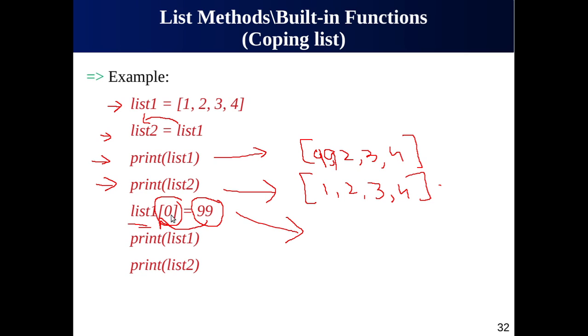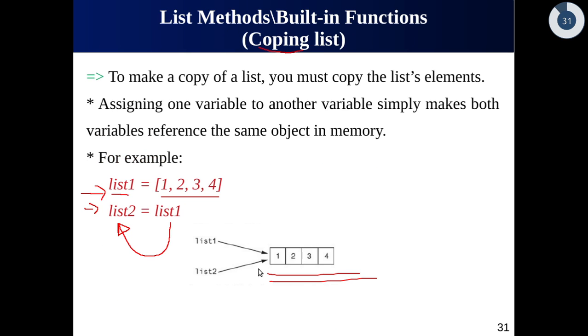And then we want to print list1 and list2. What do you think is going to be the output? In this case, list1 will refer to this list, and list2 will also refer to this list, because remember, they are actually referring to the same elements stored in memory.